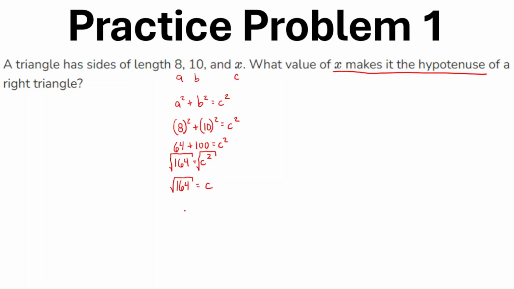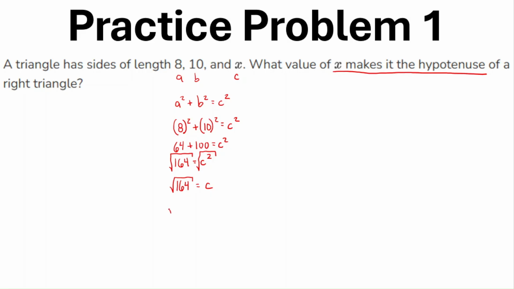Now, I could leave it like this, or I could try to simplify it. If I'm going to simplify it, I've got to think, what are some perfect squares that go into 164? The first one I can think of is 4.